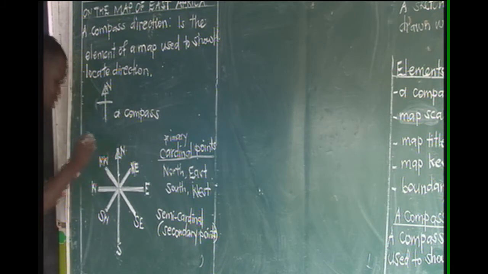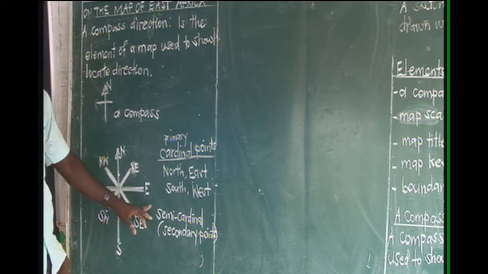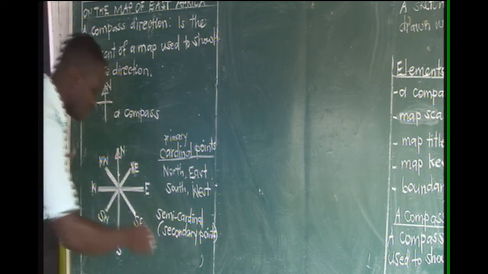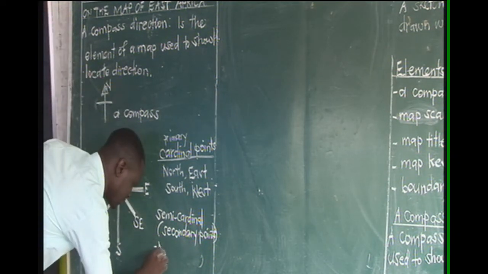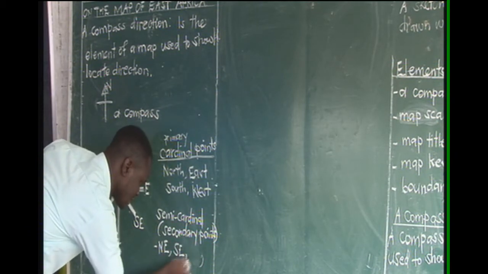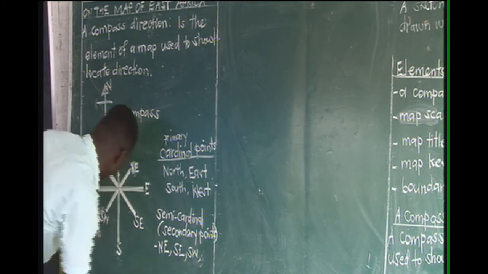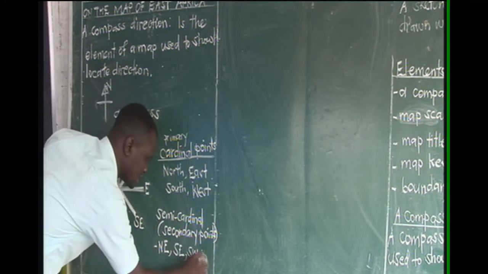So these are the ones we call semi-cardinal points or secondary points. Examples, we are having northeast, southeast, southwest, and finally northwest.